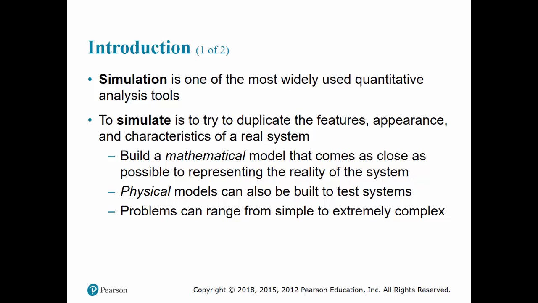Simulation in general can be viewed as two broad categories. One is process simulation or discrete event simulation, and then there is Monte Carlo simulation. In discrete event or process simulation, you simulate the entire process of a particular decision making scenario.